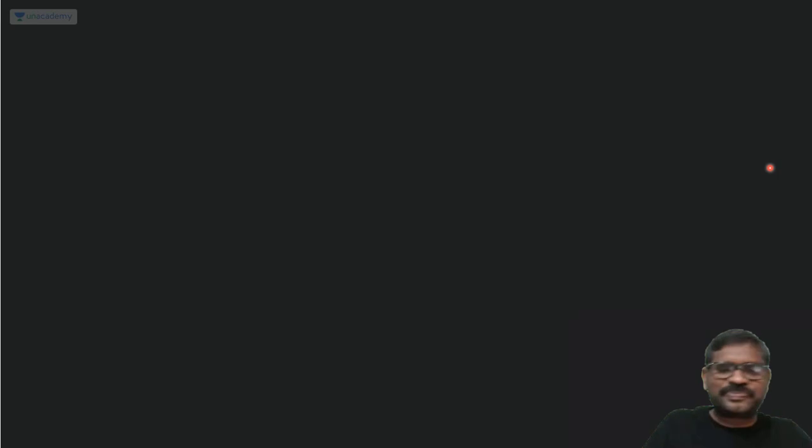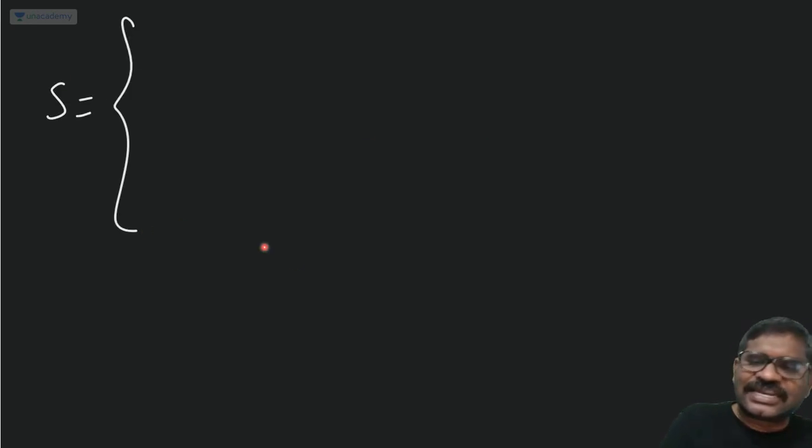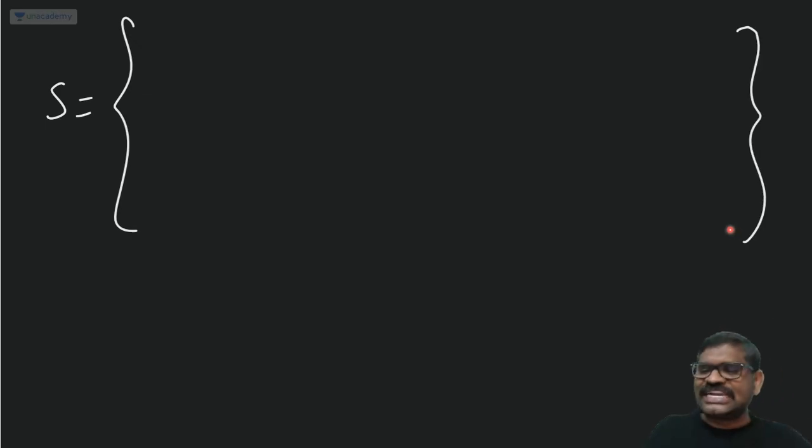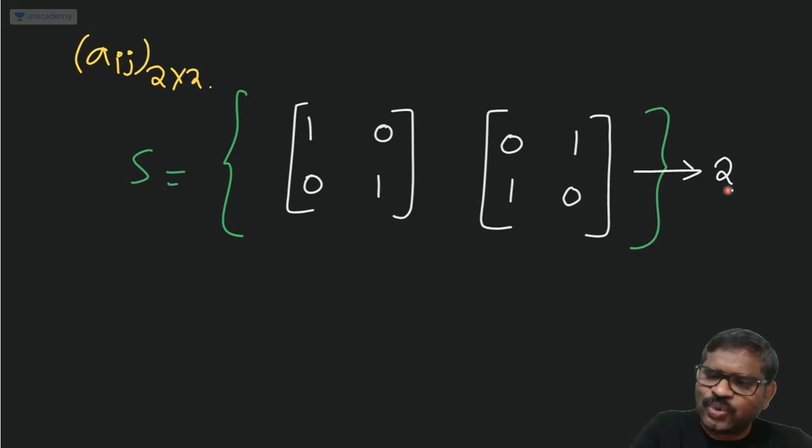Observe, set S now consists of distinct 3 cross 3 matrices. Whether the answer is 2 or 2 factorial, we can decide later. Distinct means different. Chandani is different from Nitya, Nitya is different from Janaki. Distinct means different. Come to the concept.